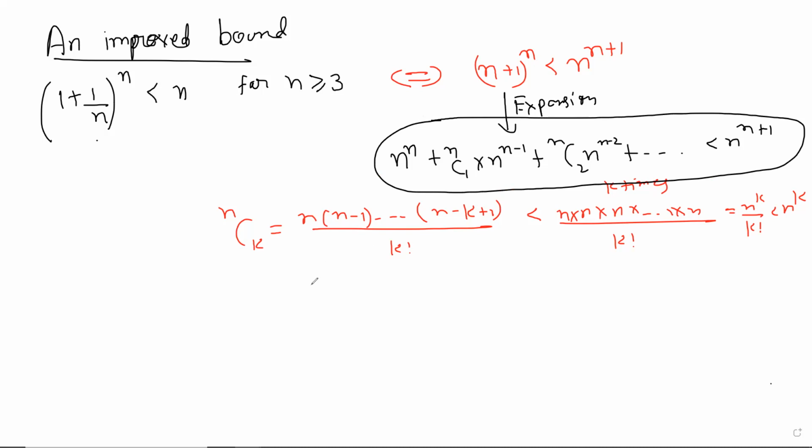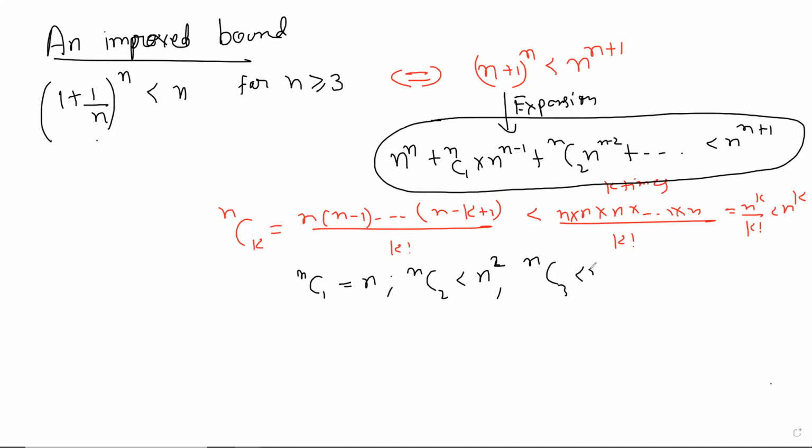No, k cannot be n plus 1. So n choose 1 is equal to n, n choose 2 is less than n square.